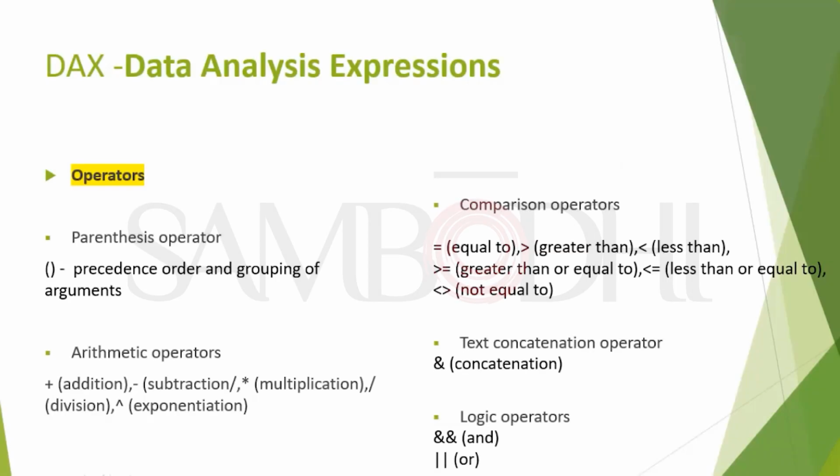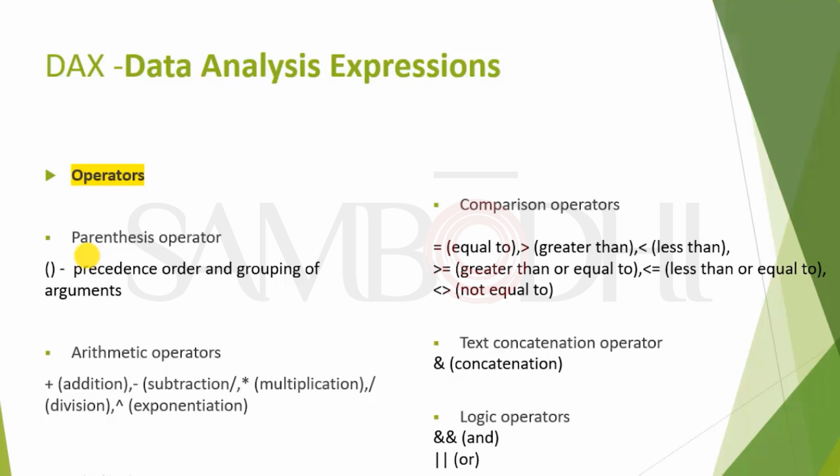Let's move on. Next, what we'd see is operators. Like our earlier example, we did see why we used parentheses. It is used for ordering and grouping of arguments for a function. That is one. And the second is precedence order.